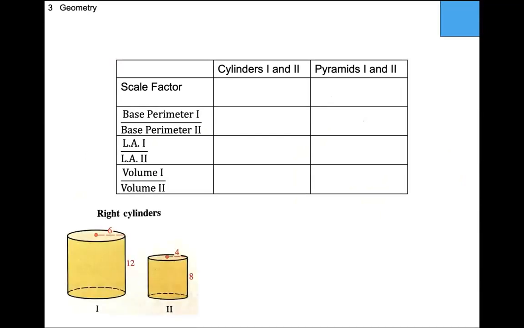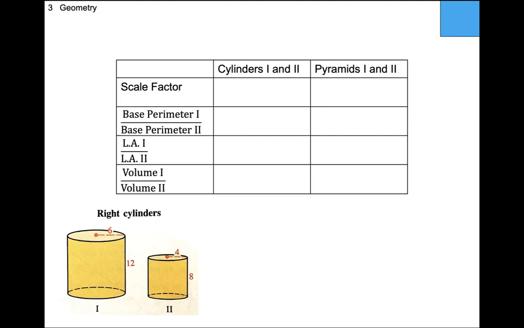So we'll do the cylinders first. First off, let's figure out the scale factor. Remember, if 2 solids are similar, we can pick any 2 corresponding sides and write a scale factor. I'll go from 1 to 2, from big shape to little shape.